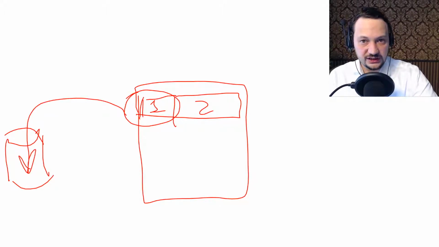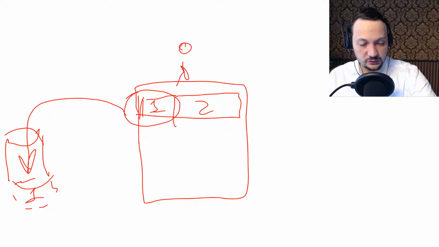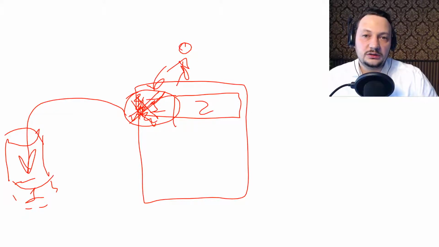The whole virtual machine can be copied and stored somewhere in the database. Right now we have a copy of this virtual machine. And let's imagine some user worked with this virtual machine and it crashed very badly and is not available anymore, and all the data is lost. What can we do?